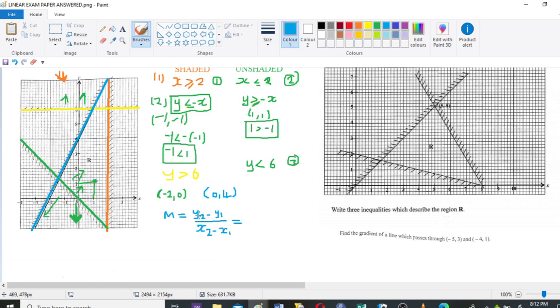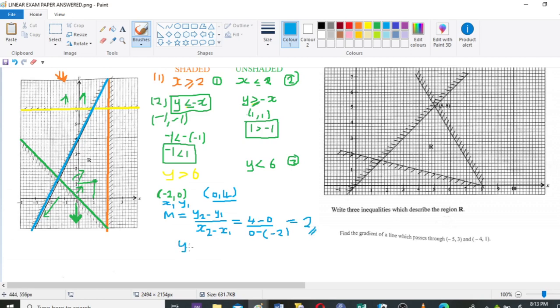From here we can take this one to be our x1 and y1, so that the remaining pair can be x2 and y2. So our y2 in this case will be 4 minus 0, right? And our x2 will be 0 minus, open bracket, negative 2, which is our x1. So solving this will give us 2 as the value for the gradient.